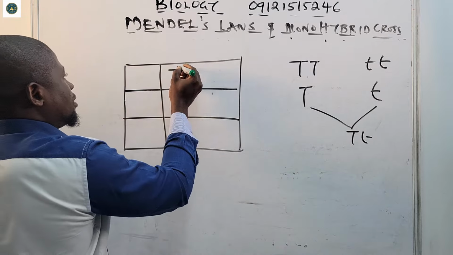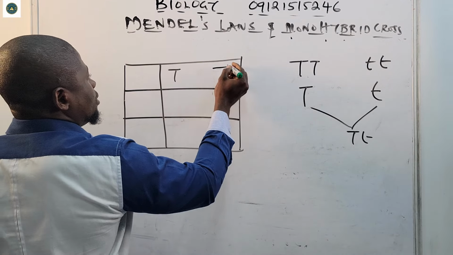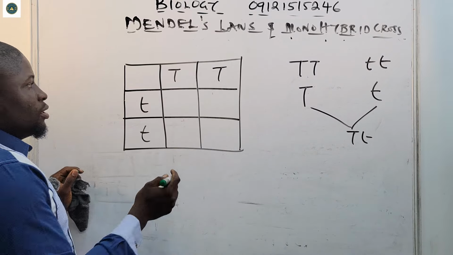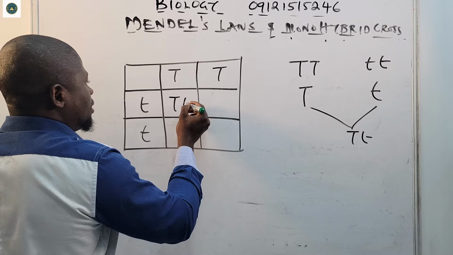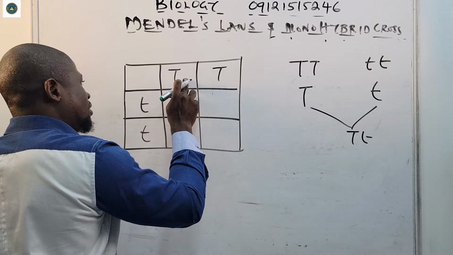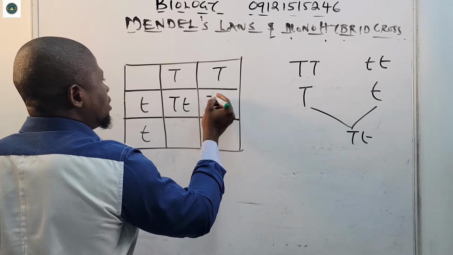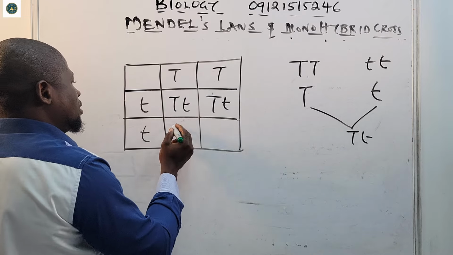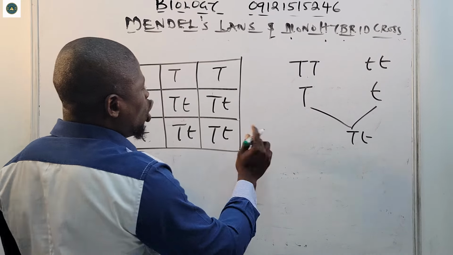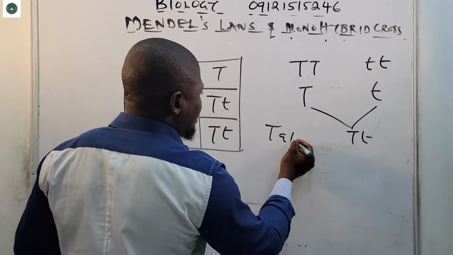We have T T on one side and T T on the other. T times T is Tt, and every box gives Tt. So they were all tall in the first generation.